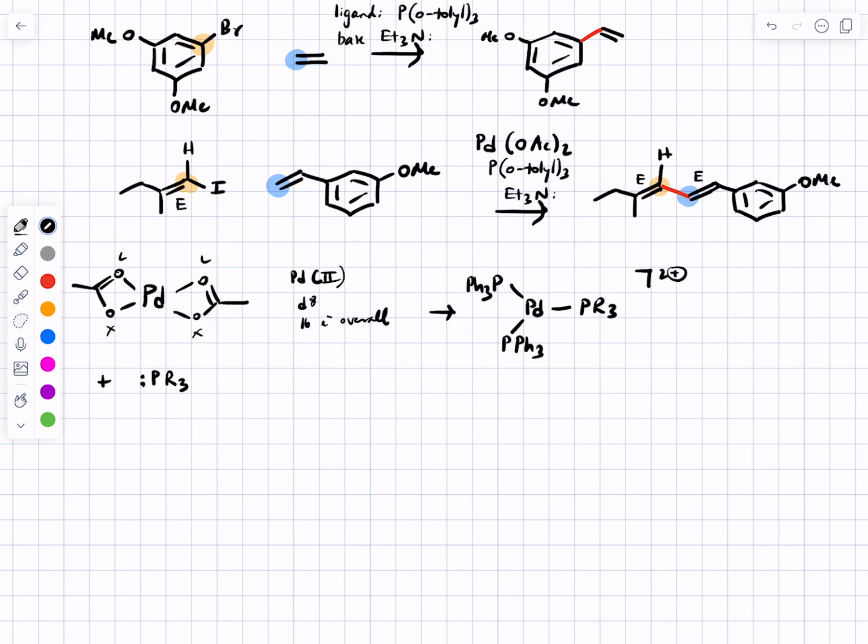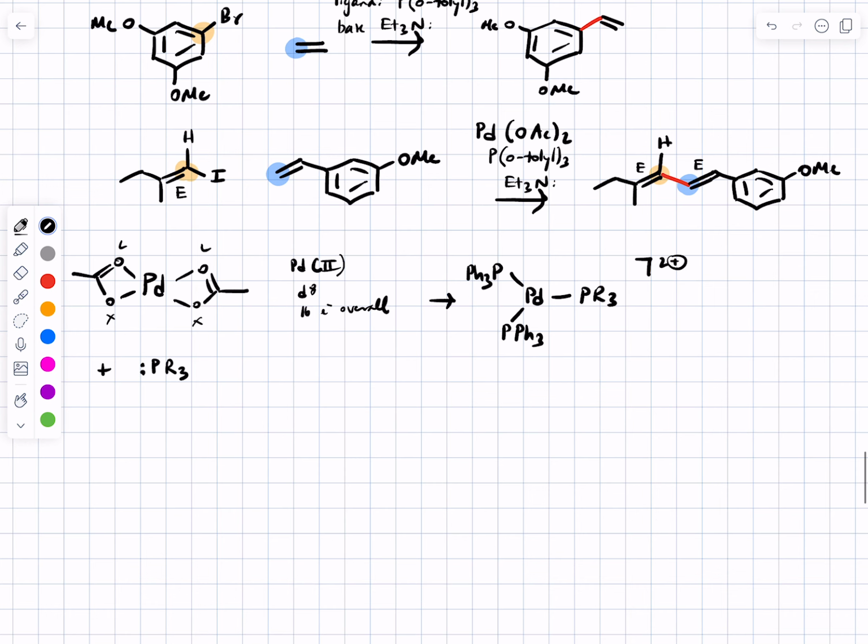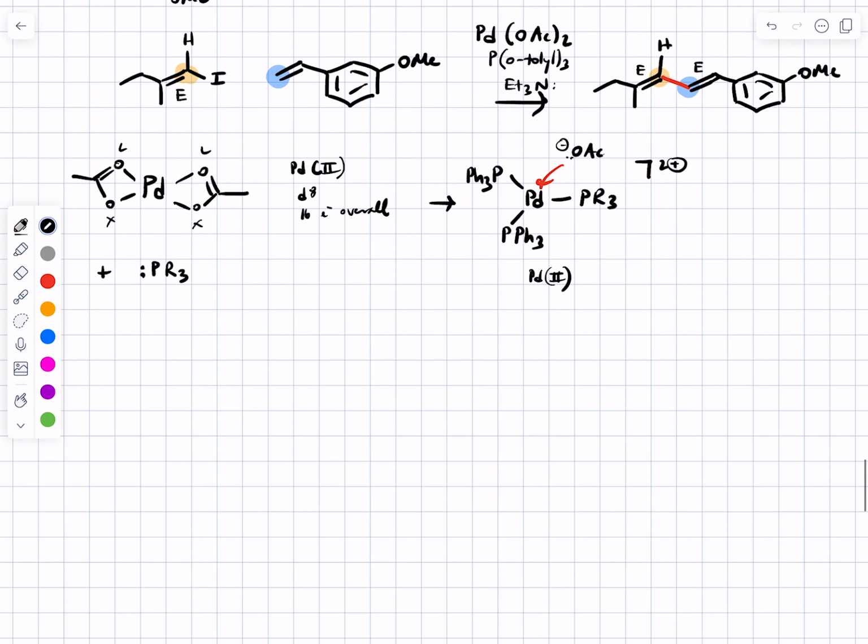One potential mechanism for conversion of palladium 2 to palladium 0 is binding of acetate, which I'm going to abbreviate like this, to the metal to create the following complex.